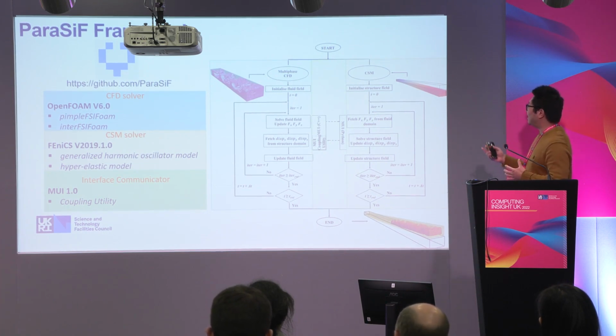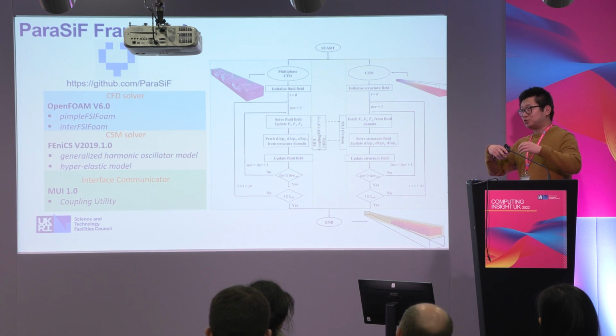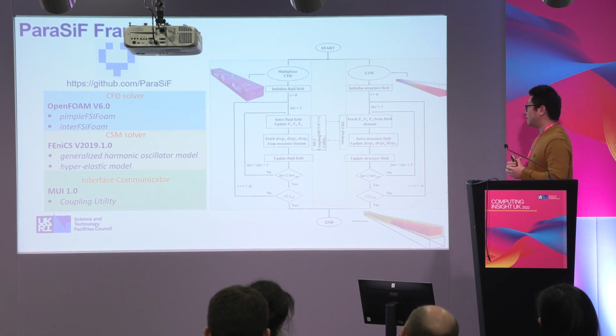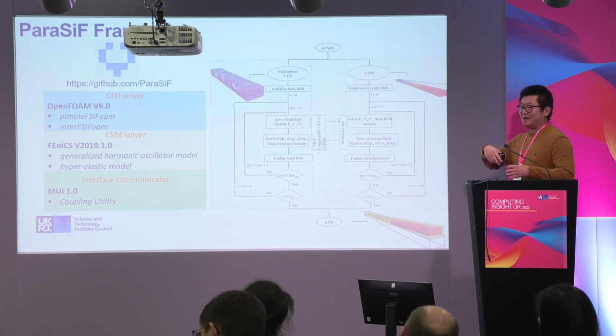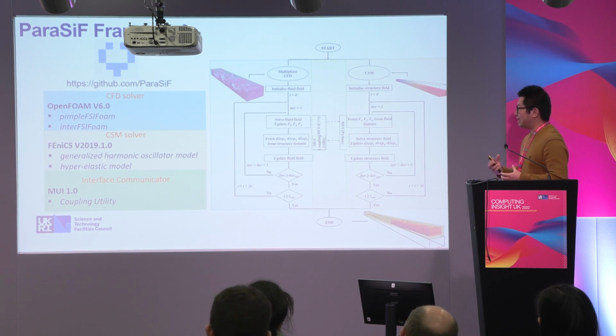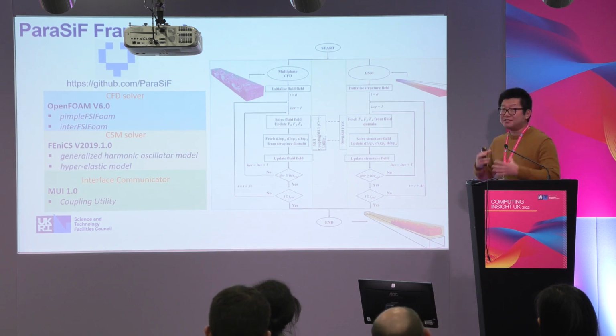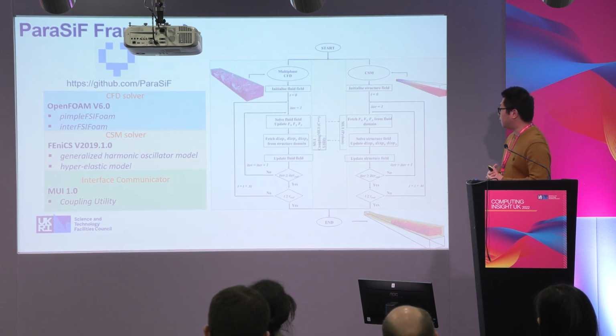On the right-hand side we have the computational structure mechanics code, Phoenix, currently version 2019.1.0, and both linear and hyperelastic models are included in the structure solver. In the middle, we have the interface communicator to exchange data. We use MUI version 1.0 to exchange data between them.